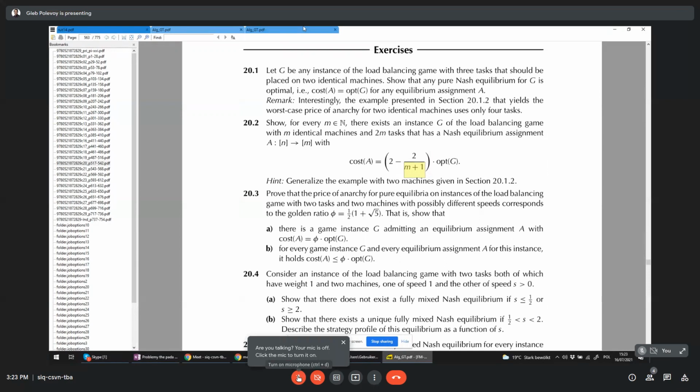So how can we generalize the example for m machines and 2m tasks, identical machines, such that there are two equilibria, one optimum and the other non-optimum? Actually, what I require is just an optimum, and if the optimum is also an equilibrium, there is always an optimum equilibrium.